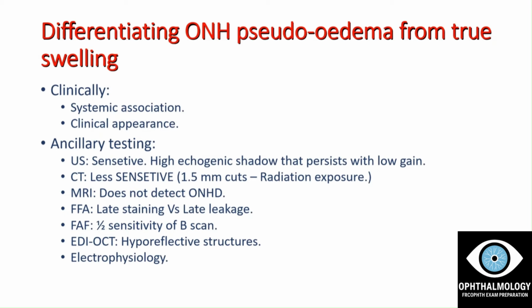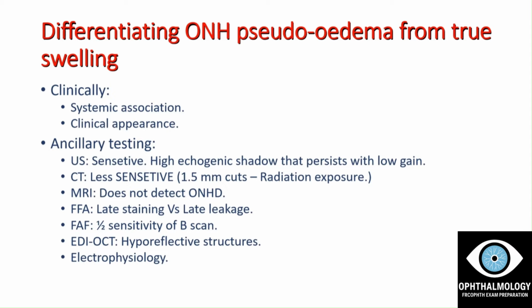Autofluorescence is less sensitive than B-scan. It shows nearly half the sensitivity of B-scans. However, it's a valuable tool in determining the nature of the optic nerve head swelling. Enhanced depth imaging OCT is nearly the most sensitive tool of all.